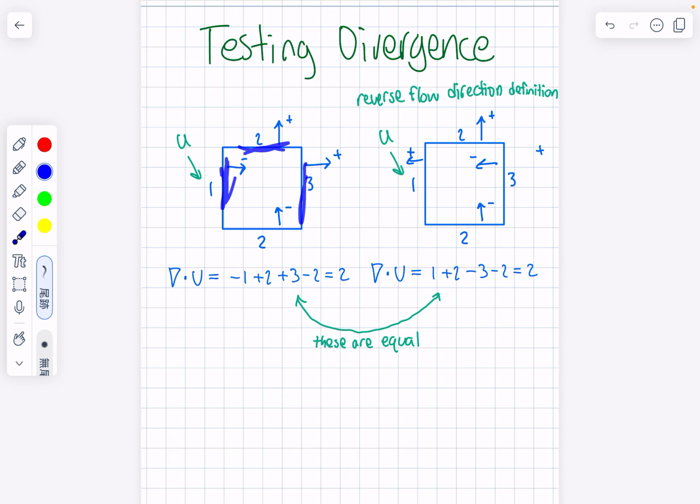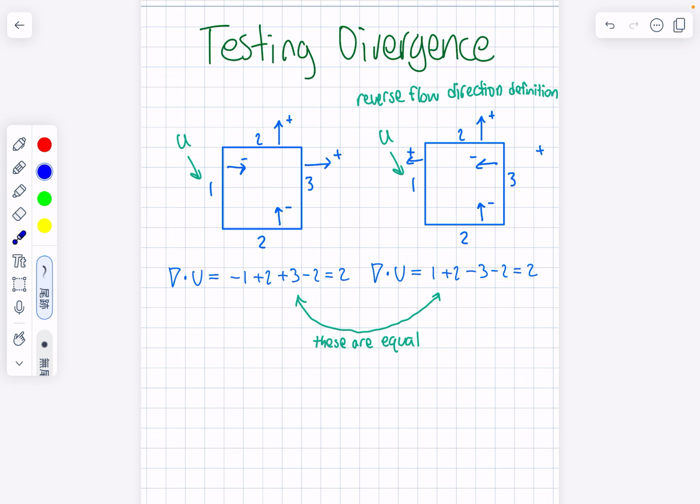And we know if an arrow is pointing out, away from the cell center, we say it's positive. If it's pointing towards the cell center, we say it's negative. So this would be -1 plus 2 plus 3 minus 2, which is equal to +2. That would be the value of the divergence.